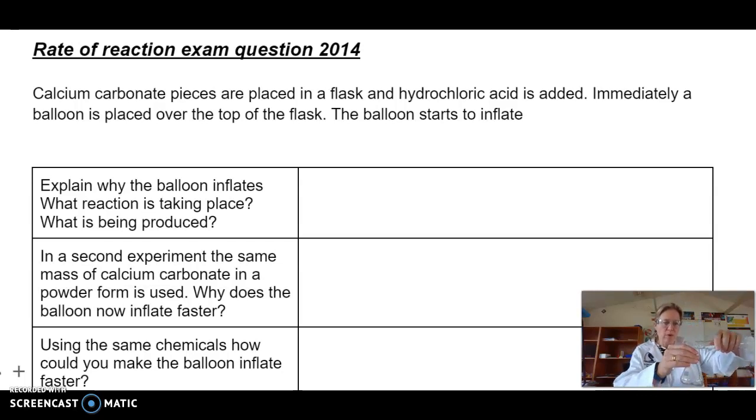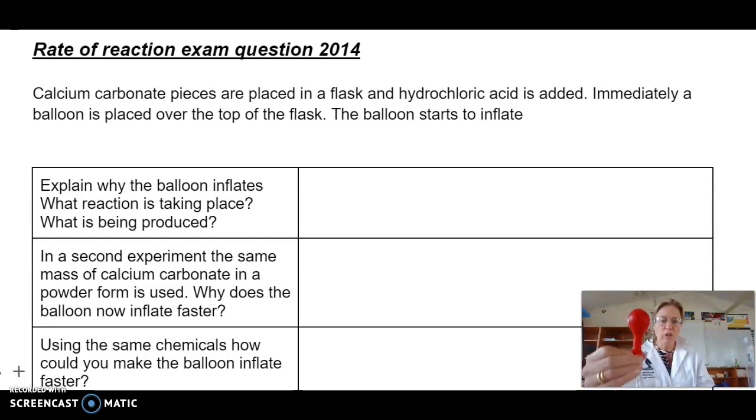So if we pour this in, and then very quickly pop the balloon over the end. Okay, and if I give it a little bit of a shake as well, you should hopefully see there are some bubbles being given off, and there we go, it actually inflates.